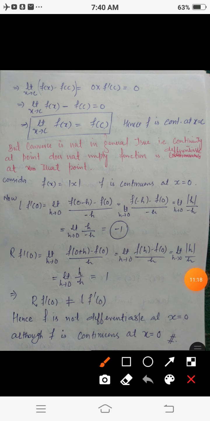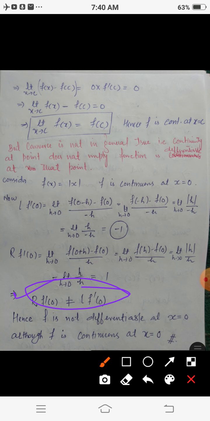So the left derivative at 0 is not equal to the right derivative. Hence by definition the derivative does not exist at x equals 0, meaning the modulus function is not differentiable at x equals 0. So continuity at a point does not imply differentiability at the given point.